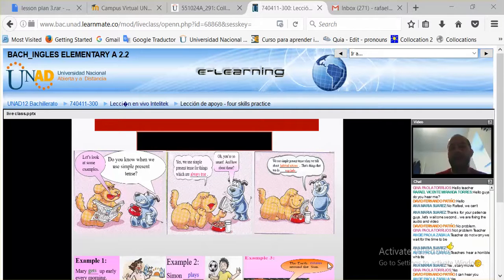Then the person says yes, or the dog says yes. Simple present tense is used for things that are always true, and we can use it too for daily routine or for, let me see here.